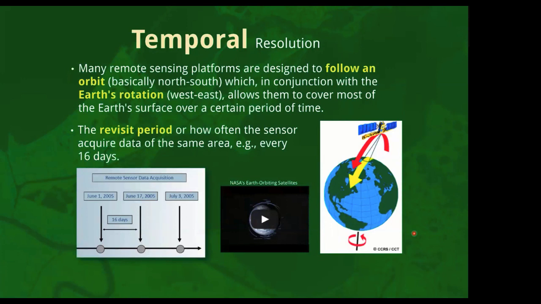It all depends on the satellite and on whether you're going for a free data source or a commercial data source. And this time interval, this revisit period for a sensor to revisit the same portion of the Earth, is called the temporal resolution.